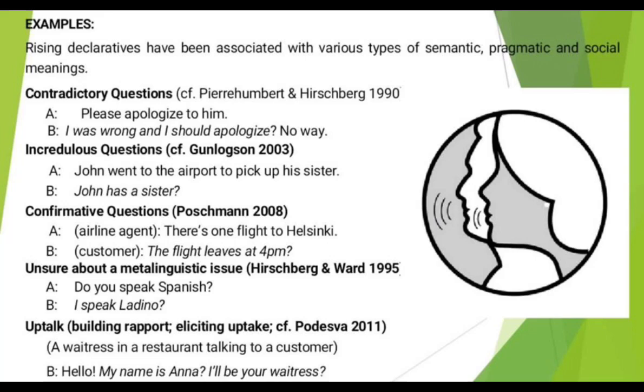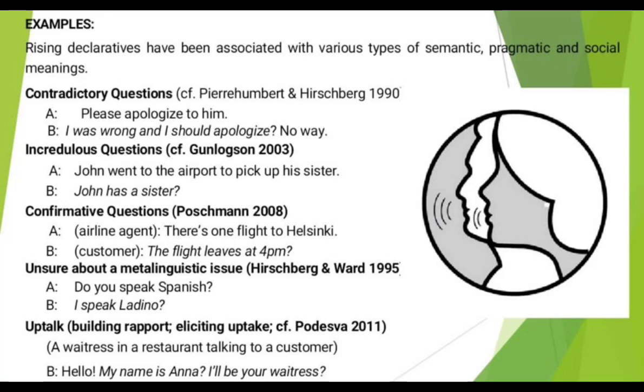The next sentences to be analyzed are under unsure about a metalinguistic issue, which came from Hirschberg and Ward 1995. Sentence A, do you speak Spanish? Sentence B, I speak Ladino? These confirmative questions and unsure about a metalinguistic issue demonstrate that they can also be used as confirmatory questions, which are very different in flavor from the incredulous uses a while ago.